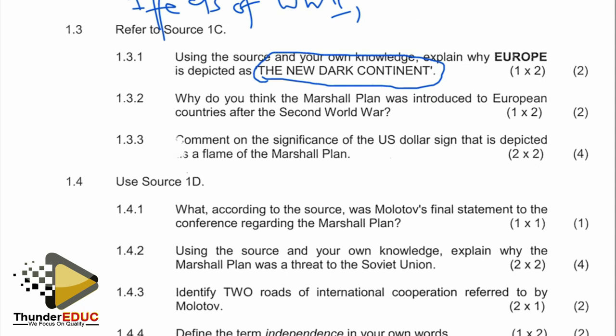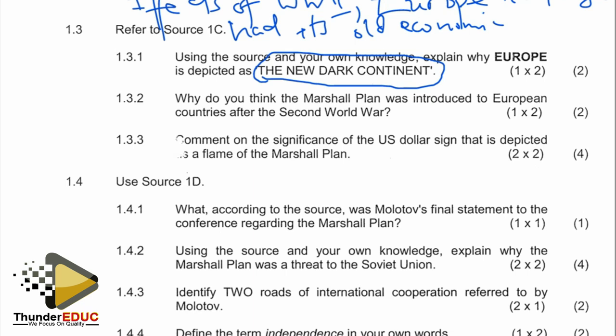It was now dark because people were having very serious economic complications in their economies because of the devastating effects brought by the Second World War. Or we can complement that Europe no longer had its old economic status. It was now America which was shining.